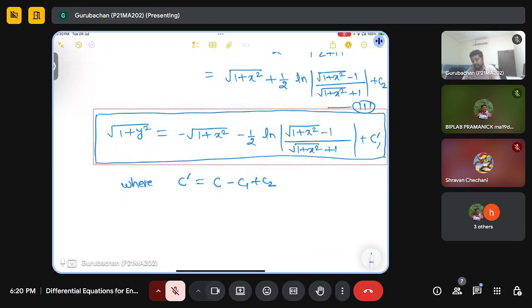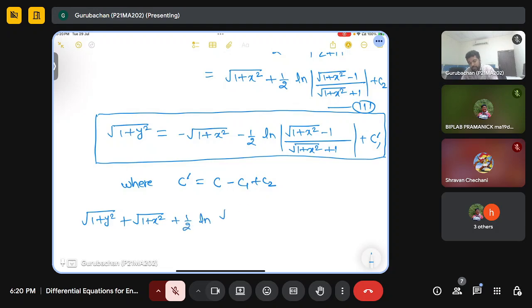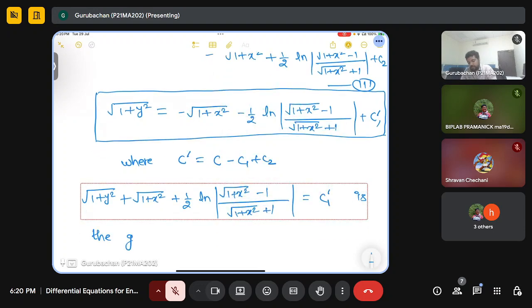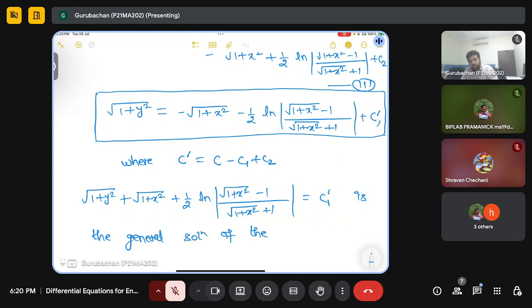Or more precisely, I can write like this: under root 1 plus y square plus under root 1 plus x square plus half ln of under root 1 plus x square minus 1 divided by under root 1 plus x square plus 1 equals c1 dash is the general solution of the given differential equation.